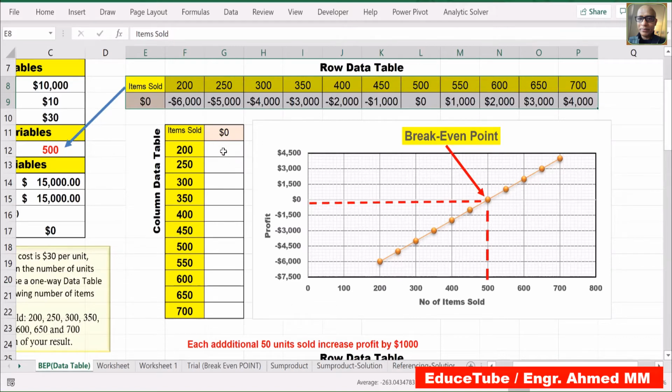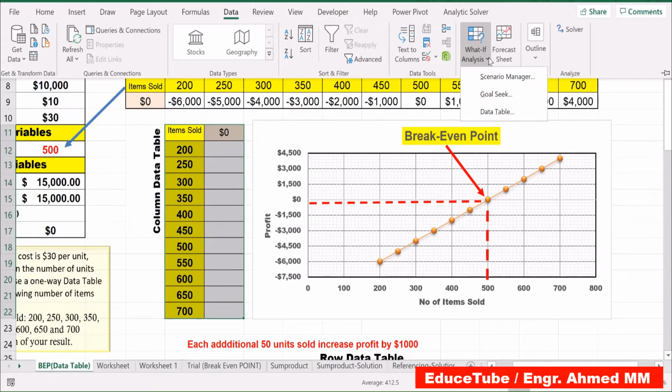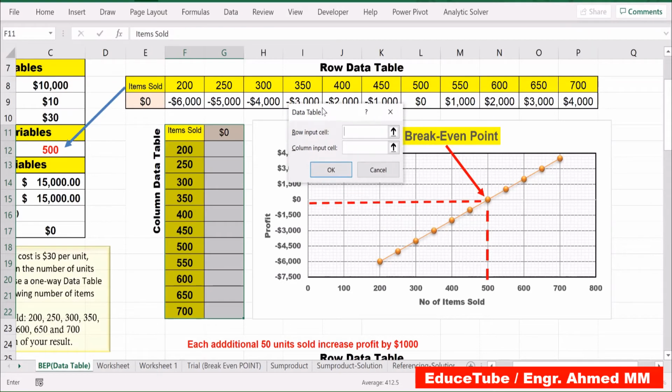Same way I can do it here, and this 0, it will be created the way I did here, same way. Then we have to select this full. There is some difference, so I'll show you what is the difference. Small difference. So this is data table. What is the difference? Before I chose row input cell, only the thing here I have to select column input cell.